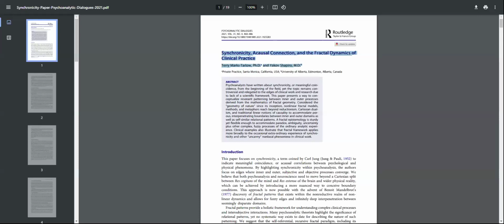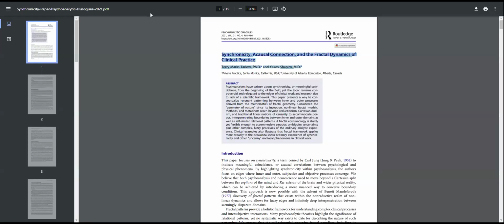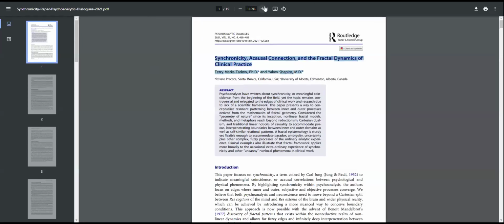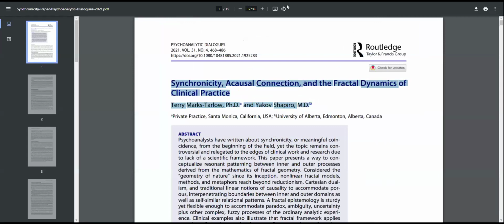I will today continue with the paper Fractal Geometry as a Bridge Between Realms. And then I will continue with this new paper, also by Marks-Tarlow, Synchronicity, acausal connection, and the fractal dynamics of clinical practice.